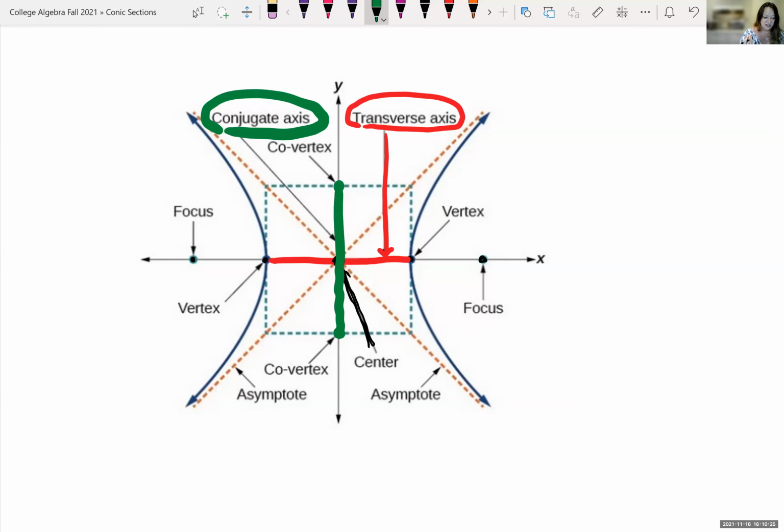What we're going to try to do is make a box from these axes. And from those boxes, from these axes, we can draw a line that goes through the corners and the center. And these are called the asymptotes of our hyperbola.